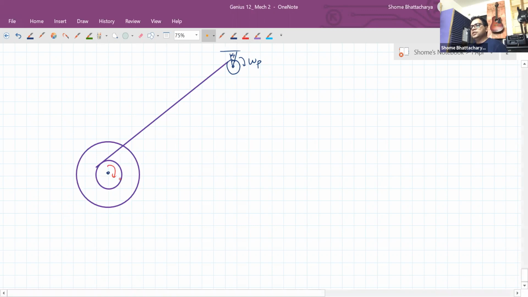If this was only spinning at omega A, then what would happen? This thread would be going from here at the rate of r omega A, so it should be winding here at the rate of r omega p. The r's are the same.